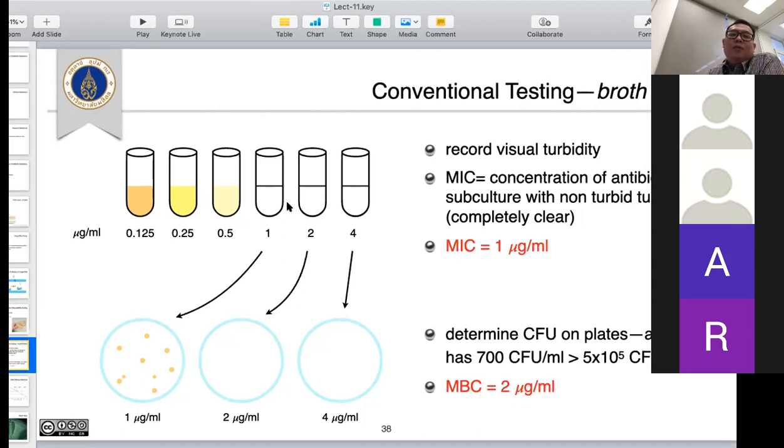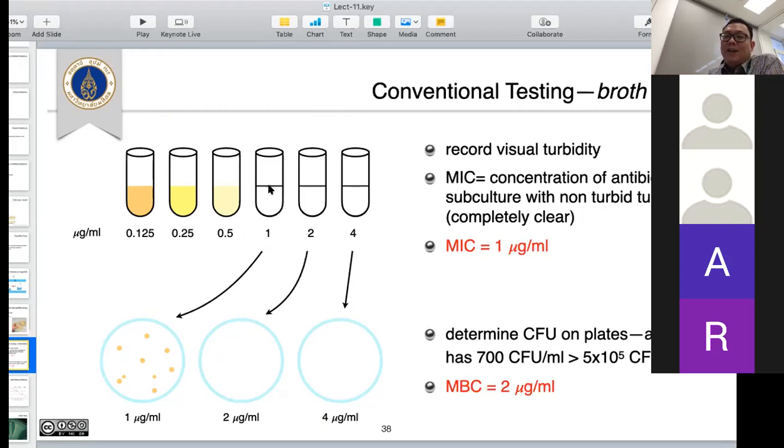Then, the first day you culture bacteria. The second day, you apply to the MIC. The third day, you just use one loop, pick up the solution from the clear tube and streak to a new plate, okay? In this case, bacteria from the tube at 1 microgram per ml can grow.